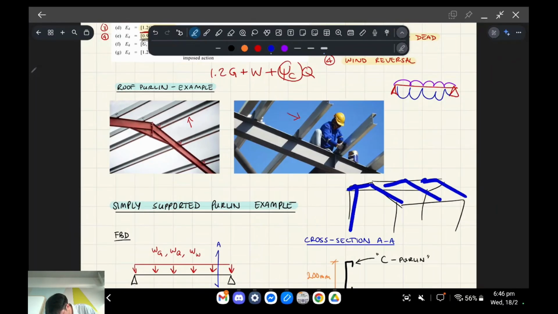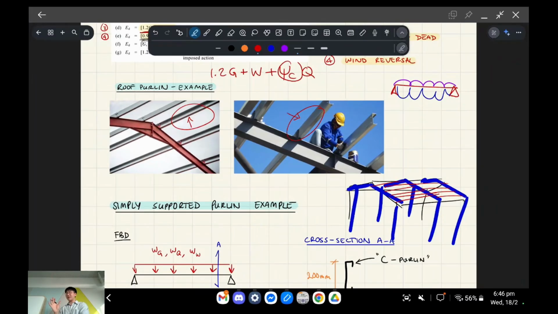They're usually attached to columns like that, okay? And the secondary members which join these together are called purlins, okay? So that's what you're looking at here, and here. So these are secondary steel members, whereas the rafters are the primary steel members.